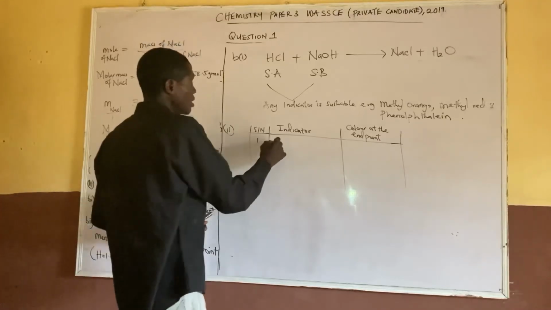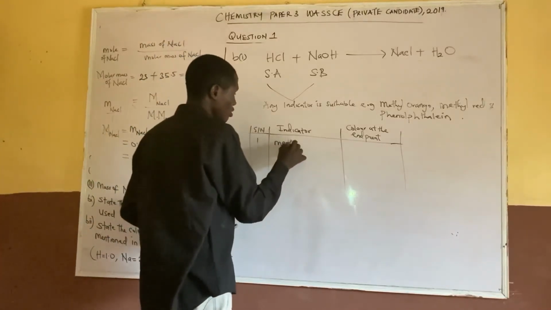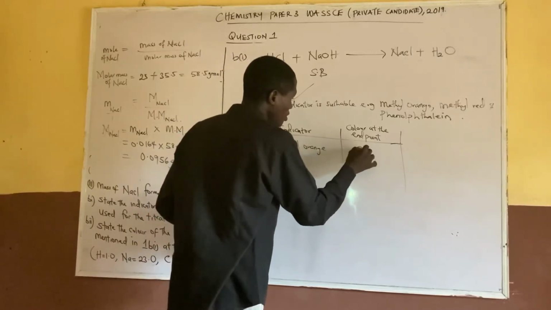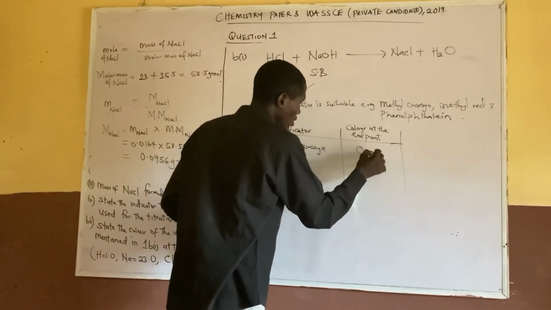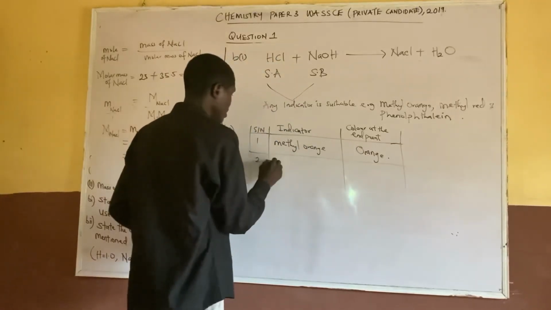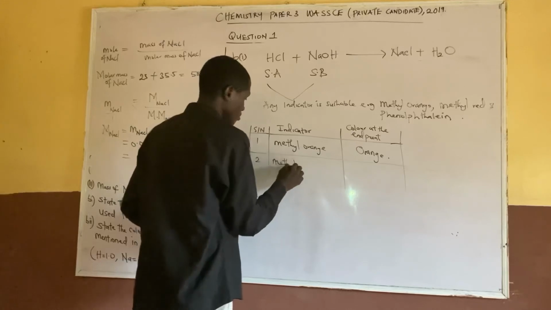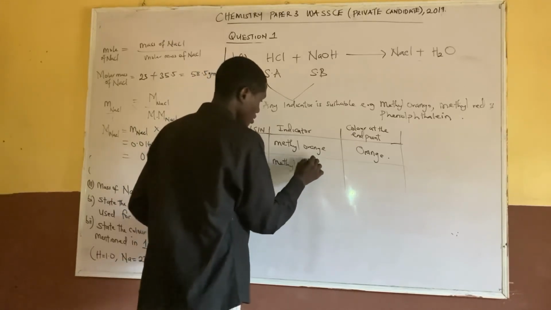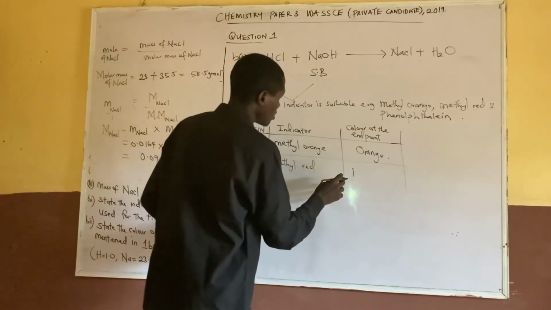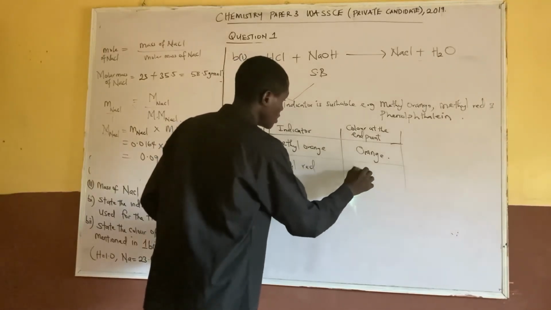So number 1, methyl orange will give orange color at the end point. Then we have methyl red. Methyl red will give you red color.